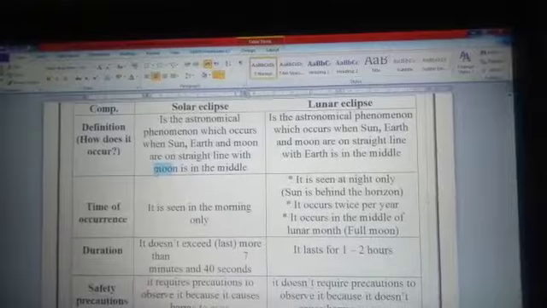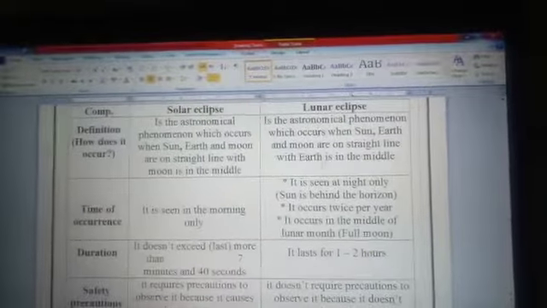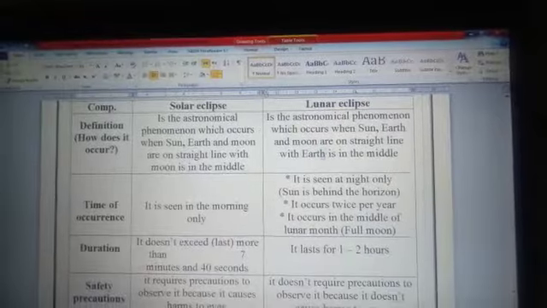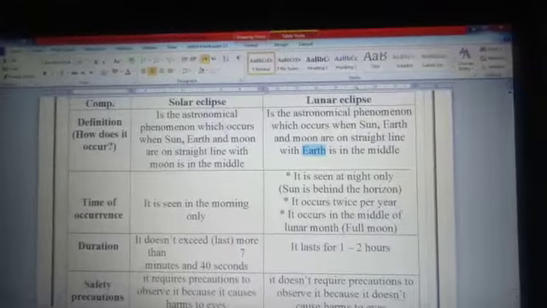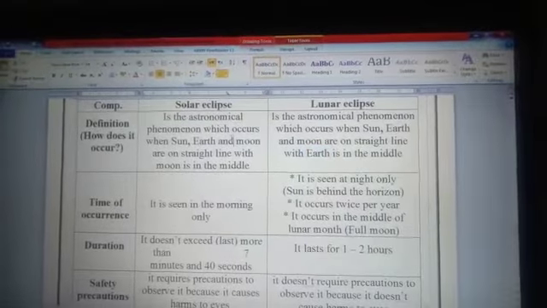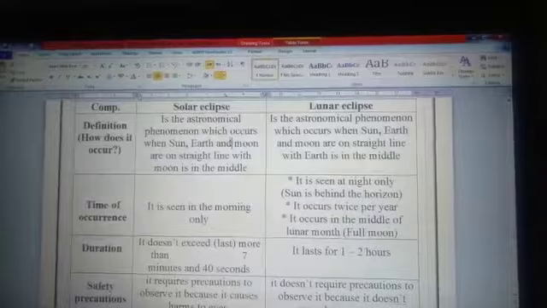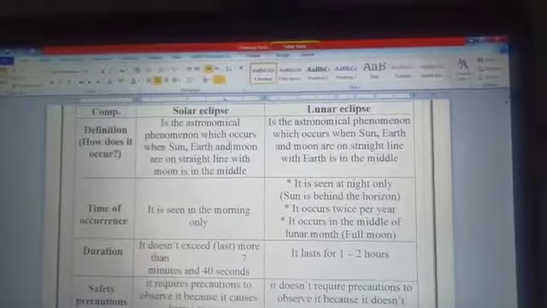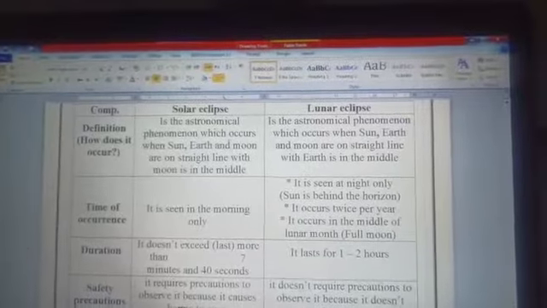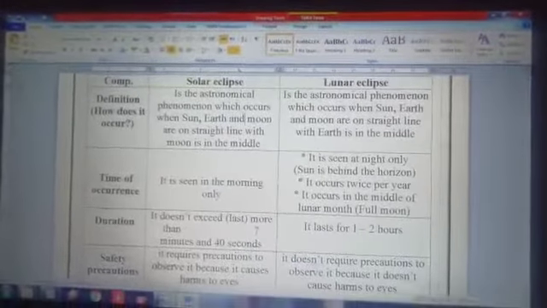In the middle. In lunar eclipse, who is in the middle? The earth. So, what is solar eclipse? It's the astronomical phenomenon which occurs when sun, earth and moon are in a straight line. In lunar, sun and moon and earth are in a straight line. In solar, moon in the middle. In lunar, earth in the middle.